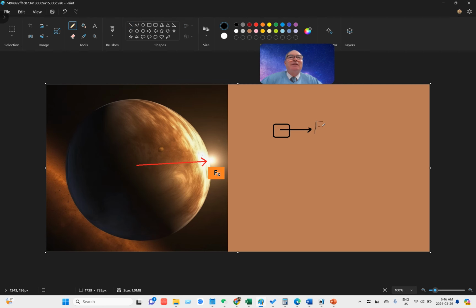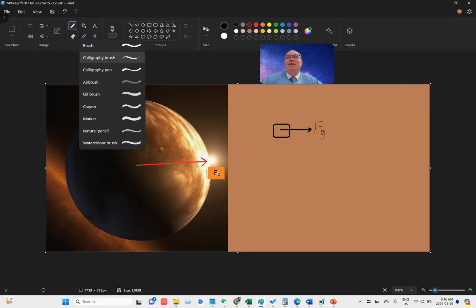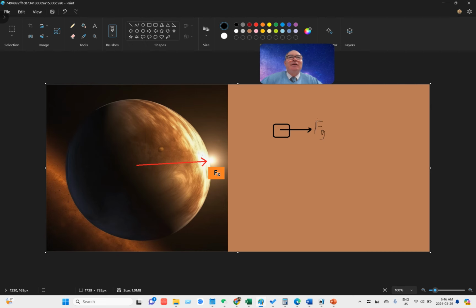I'm not so happy with my drawing, but anyway. This little box now represents this big planet, and there's my force pointing in one direction, the force of gravity.